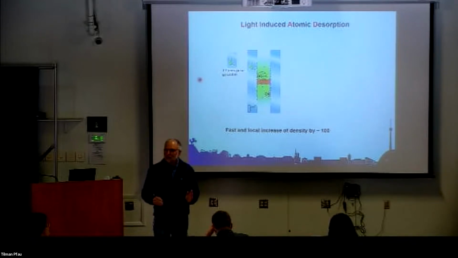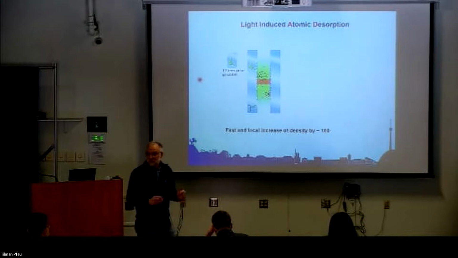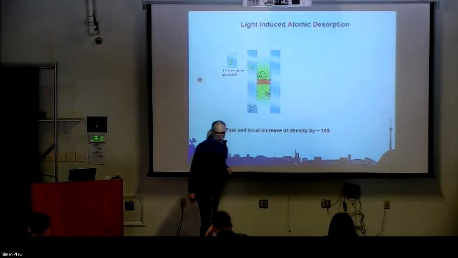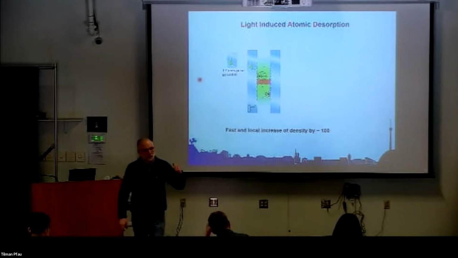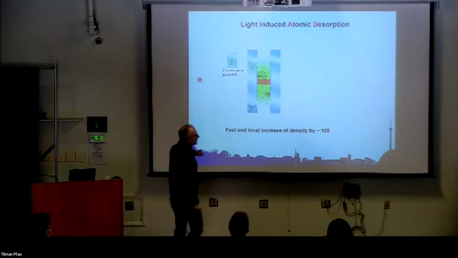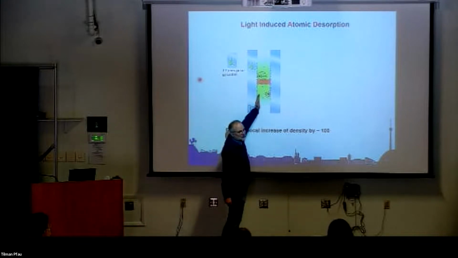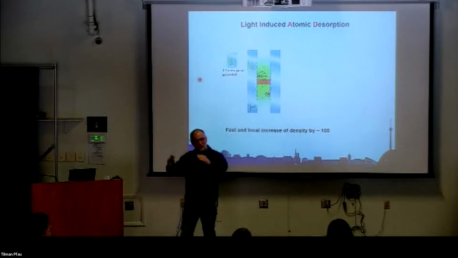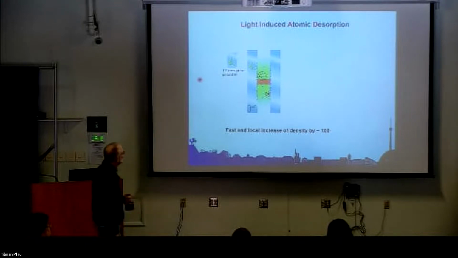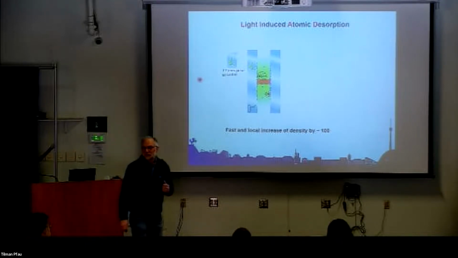Rubidium atoms just get absorbed there, and they're sitting there. So these are the blue guys. And if you now hit those atoms with a strong laser, not resonant with anything, just a green laser that provides, in this case, a nanosecond pulse, then you will lift these atoms off the surface, and they will, for a short time, increase the density in the cell by up to a factor of 100. Exactly the factor we need.